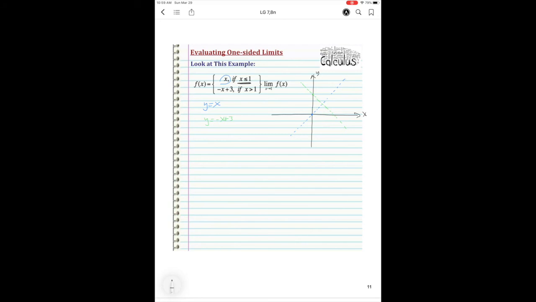So let's put it into context now because this only exists when it's less than 1. Okay, so here's 1 right here. That's where 1 is. This is where 2 is. 3. This is where 4 is. Okay. So now we know that this guy, the blue one, exists and it's including, so I have to put a dot, it's including, and it's only less than, so it's only this part.